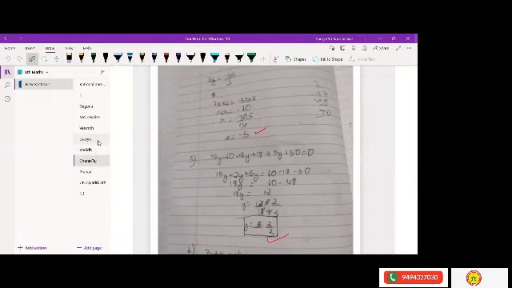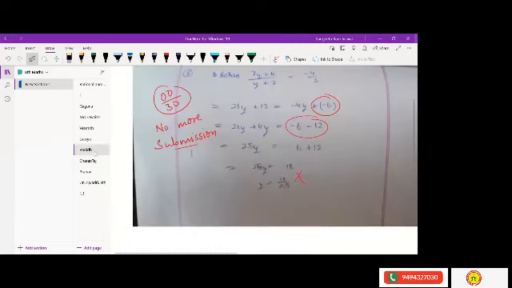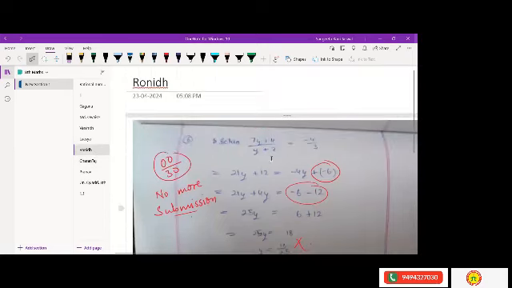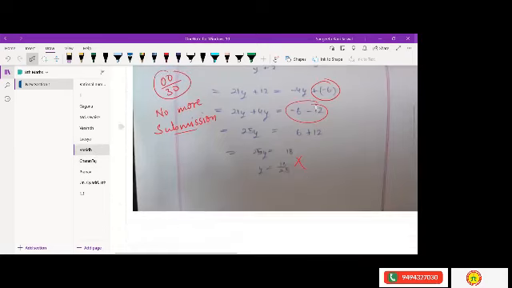Ronit, you did not post your complete paper. Why so? You have given me just the image of just one question. Why is that? Ma'am, I think it didn't go through, ma'am. See, you have sent me only this. This is just one question that you have sent, and that also went wrong.